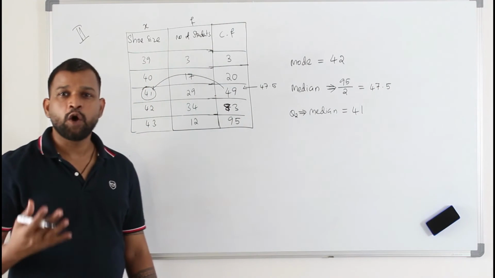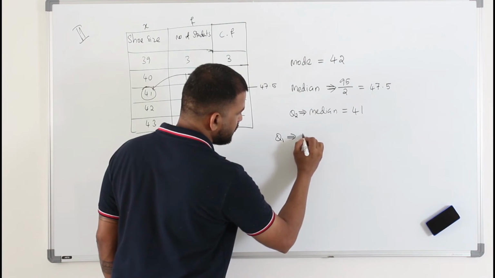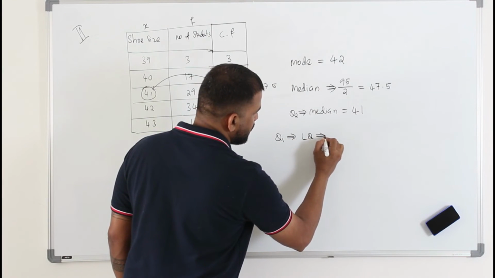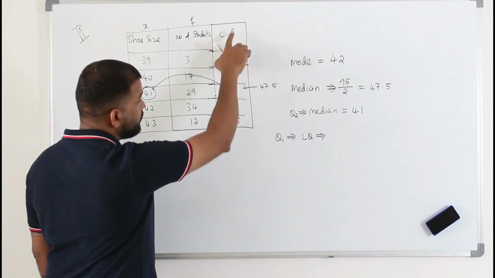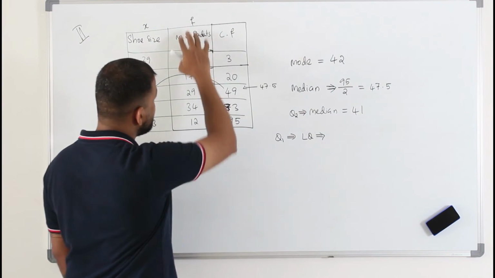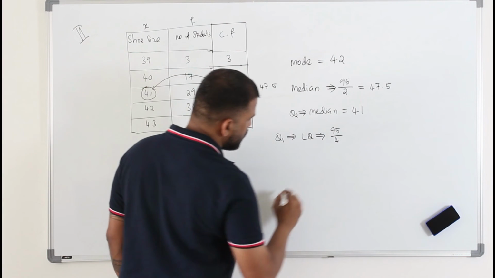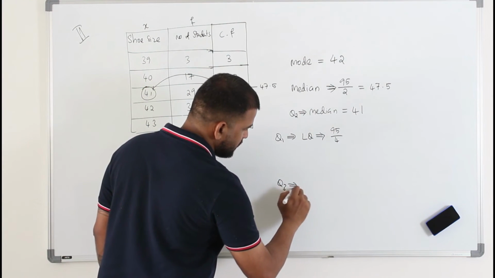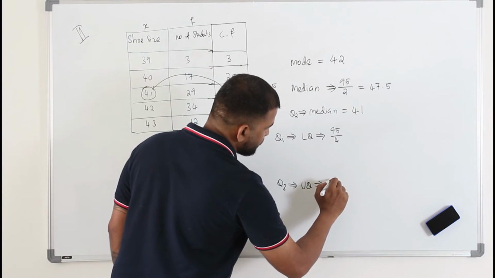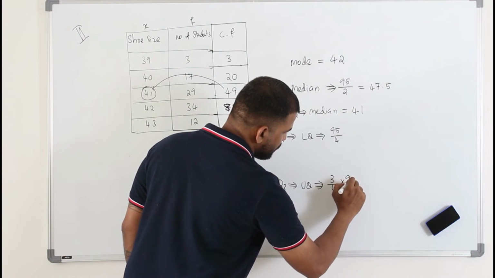Now to find the lower quartile and upper quartile, to find Q1, the lower quartile, you divide the sum of f, that's 95, by 4. To find the upper quartile, multiply this 95 by 3 over 4.